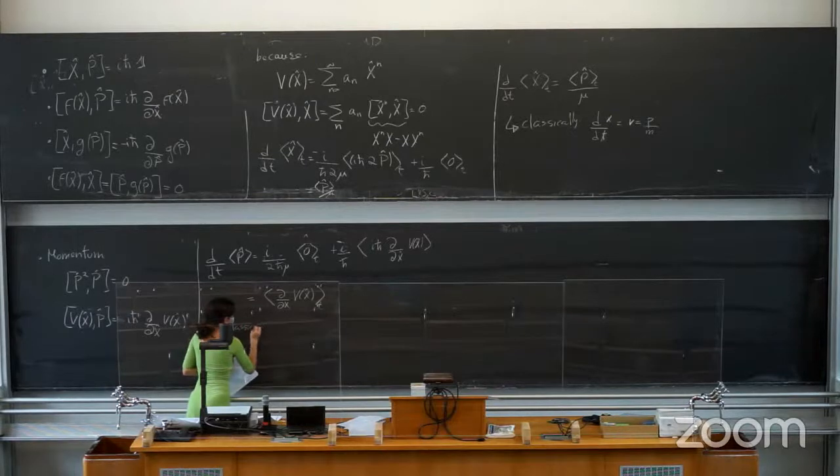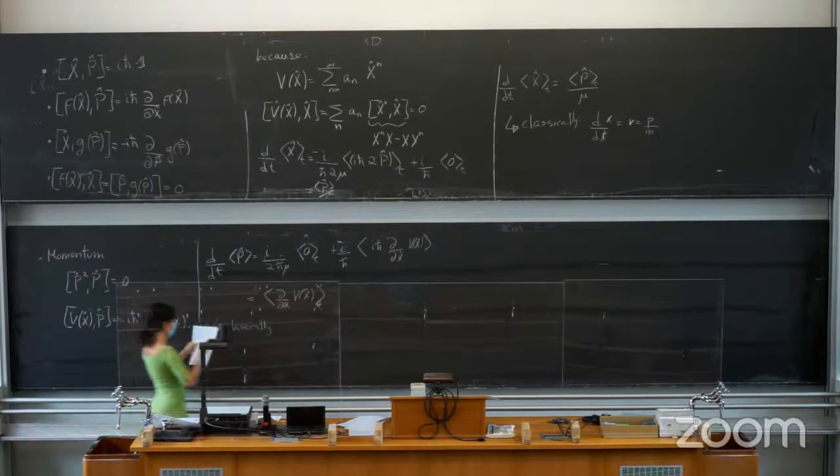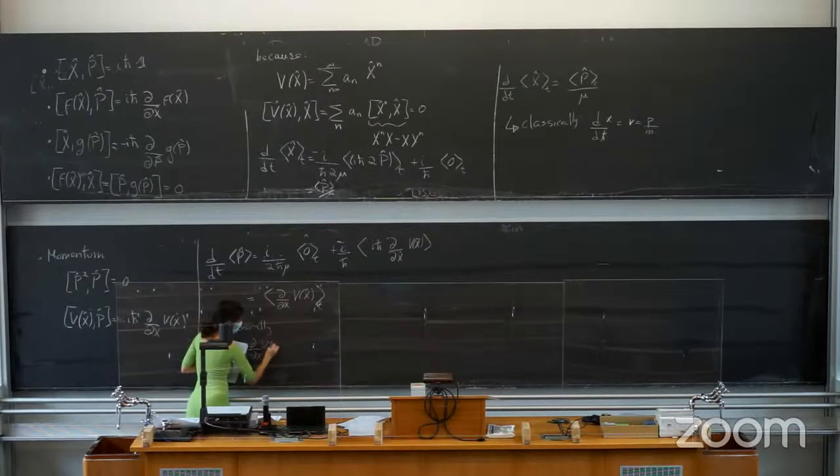Classically, when you have a situation with a potential that depends on the position, then this derivative here of V of x is what we call the force, like the gravitational force.